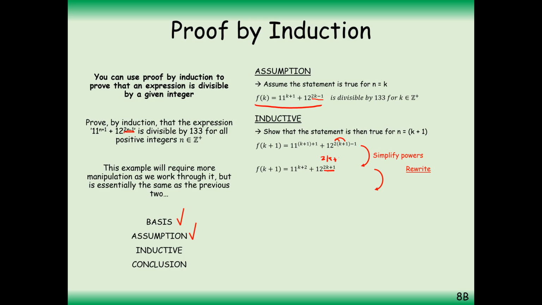Okay, so this plus 2 and a minus 1 means that there will be an extra factor of 12 squared multiplied by 12 to the power of 2k minus 1. Do you agree? This is the same as the line above it. And for 11, we had n plus 1, so we just take a factor of 11 out, and we write 11 to the power of k plus 1.